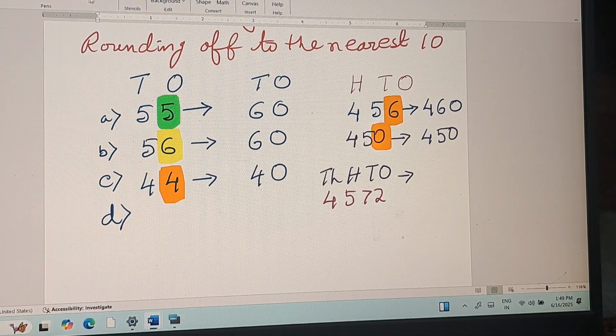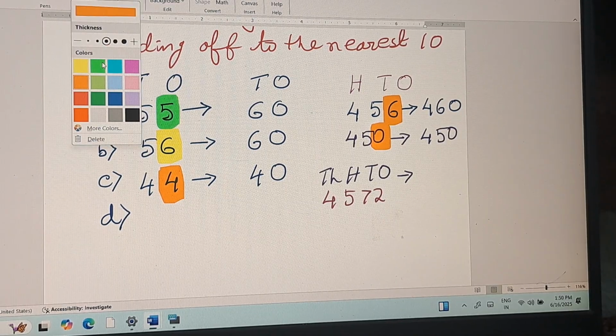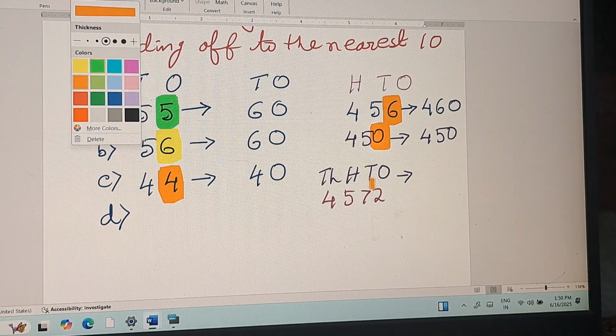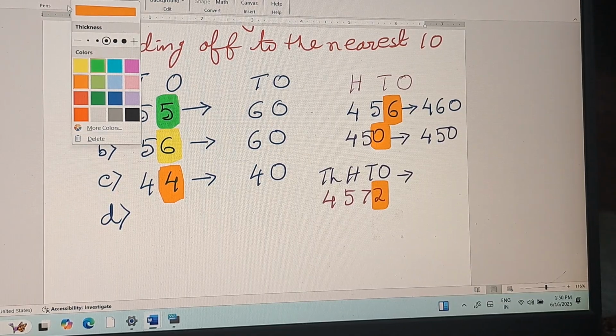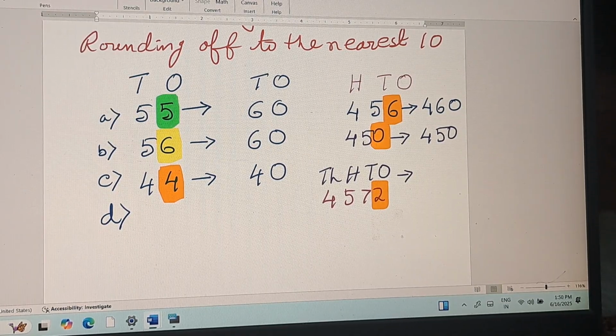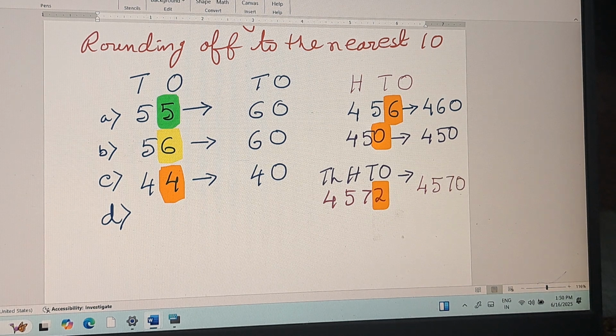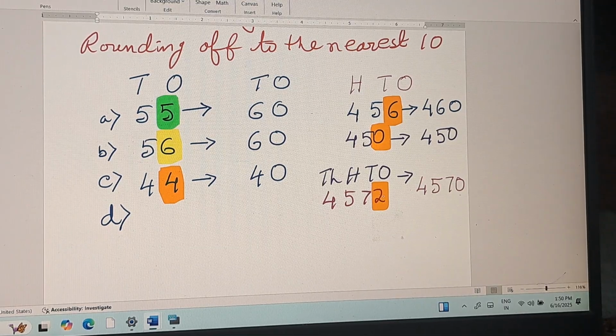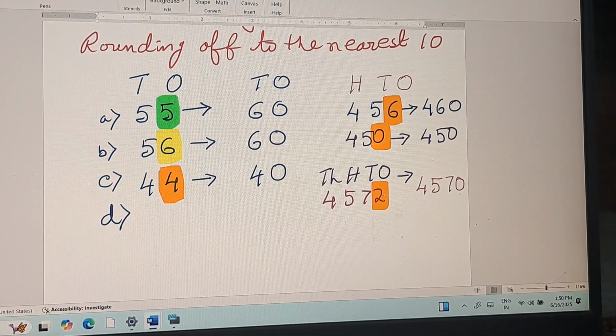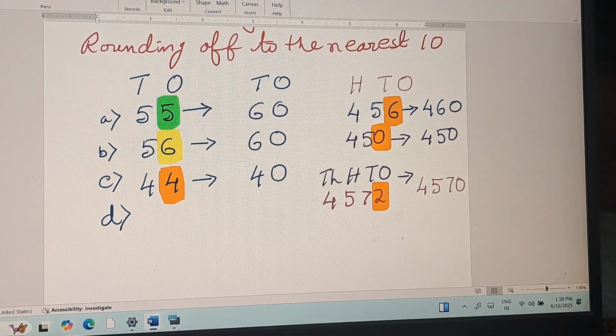So in this case also we have to check the ones place, which is coming to 2. So what will be the value? 4570. It will be rounding down, not rounding up, because in ones place the value is 2, which is less than 5.